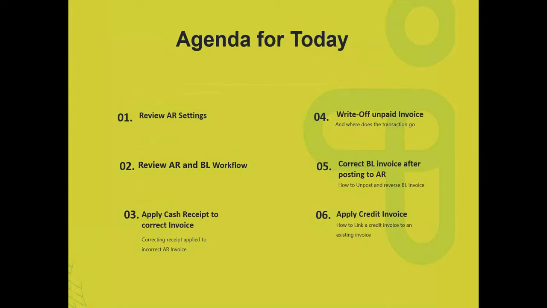We'll then review the accounts receivable and billings workflow, and how invoices move from billings into accounts receivable, receive payments against those invoices, and then the correction process and how to send an invoice back to billing to be adjusted or changed. Then we'll go on to applying cash receipt to the correct invoice.